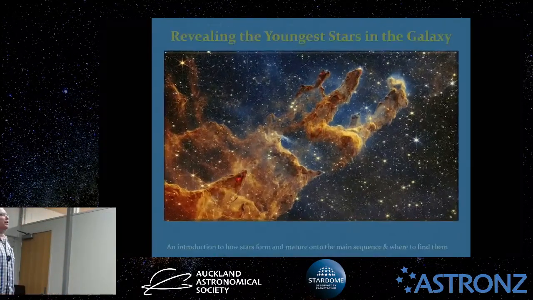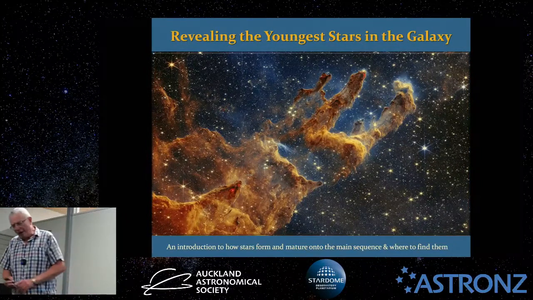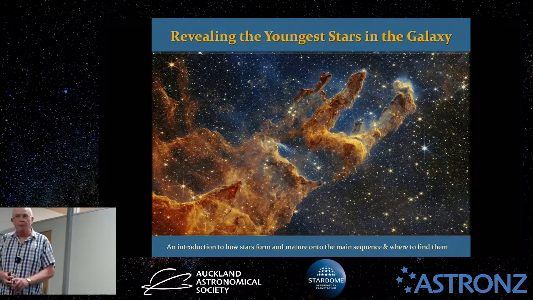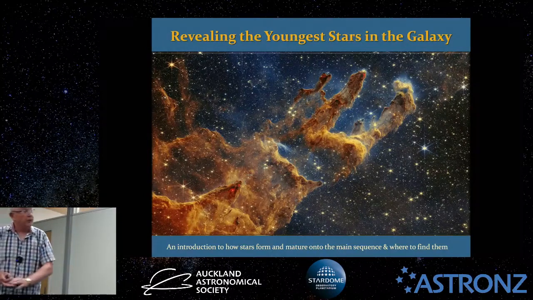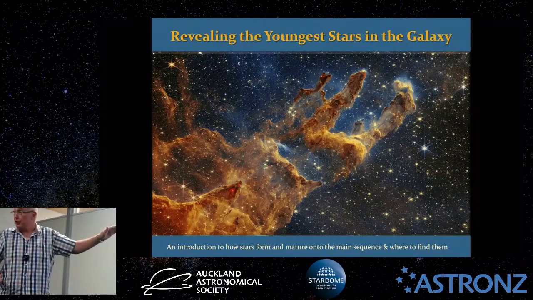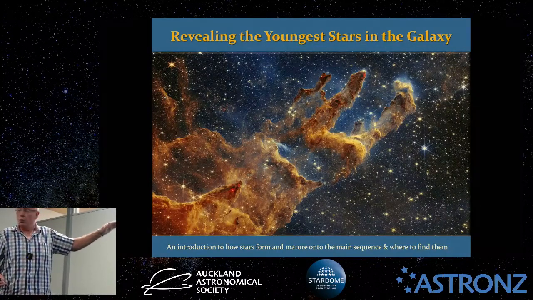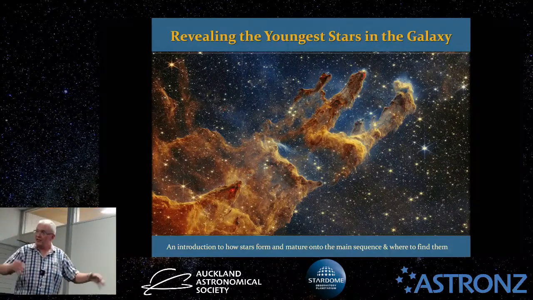That's why tonight's talk is titled Revealing the Youngest Stars in the Galaxy, where you will learn where stars form and how stars form, such that you can look at images like this and identify infant stars in various stages of development, and also various structures that you get in combination with these stars as they're forming.